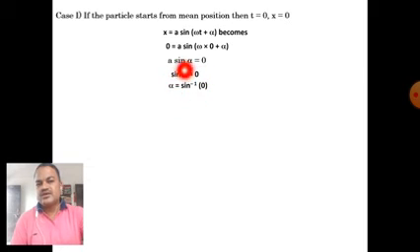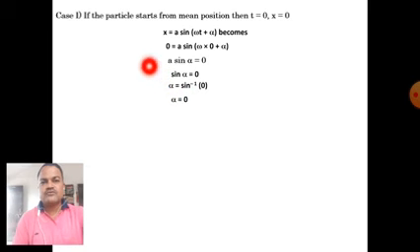So the value of alpha is 0. So if the particle starts from mean position, then the value of alpha is 0.